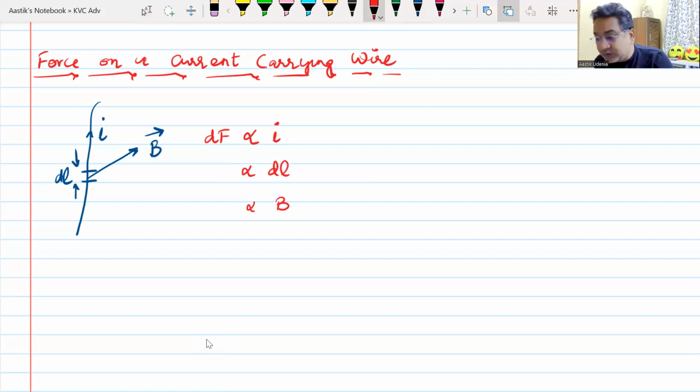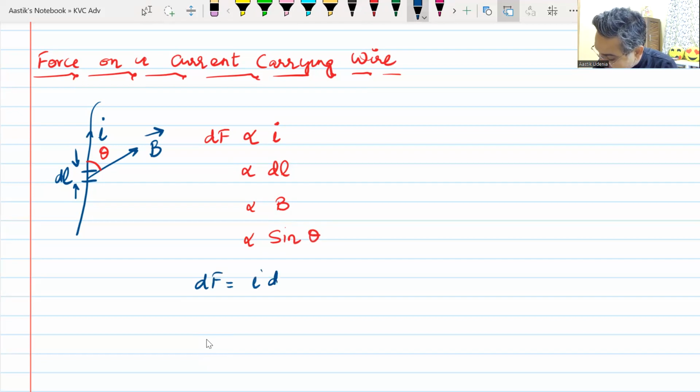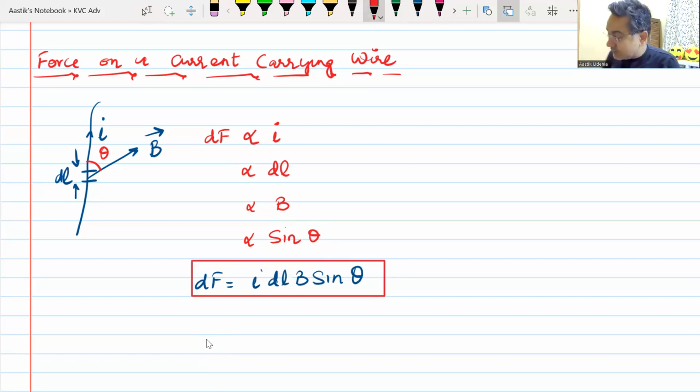Apart from this, it also depends on the angle between the current carrying element dl and the magnetic field. If I put all these together, the force acting on this small segment of the wire becomes I dl B sine theta.